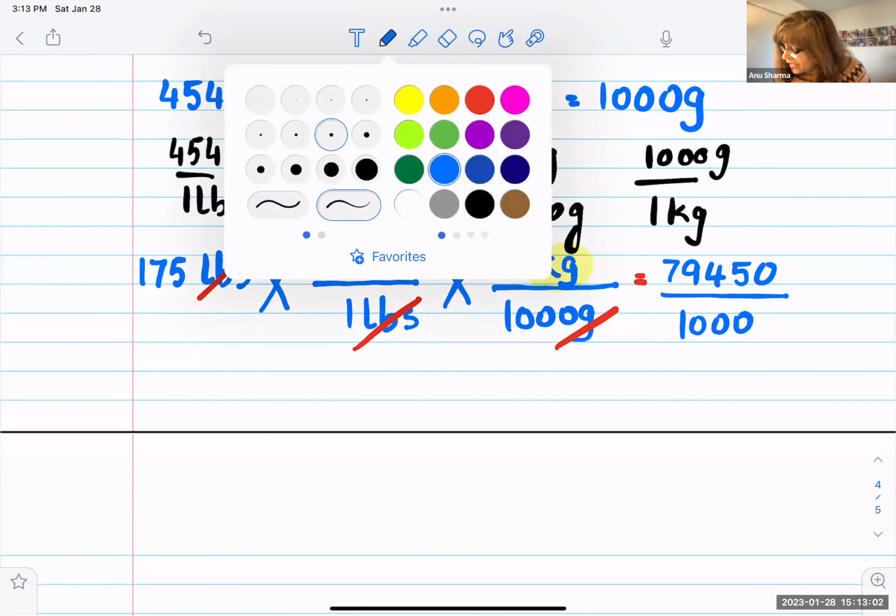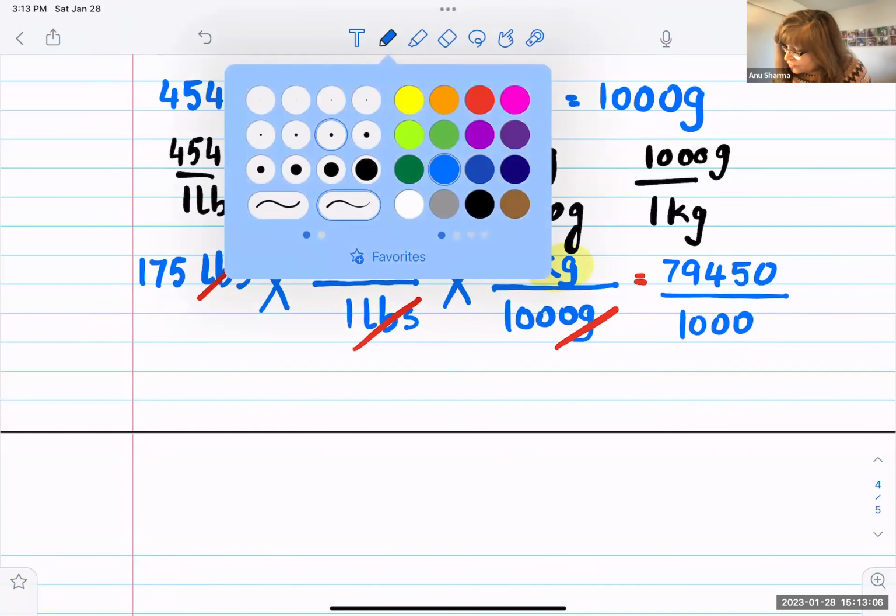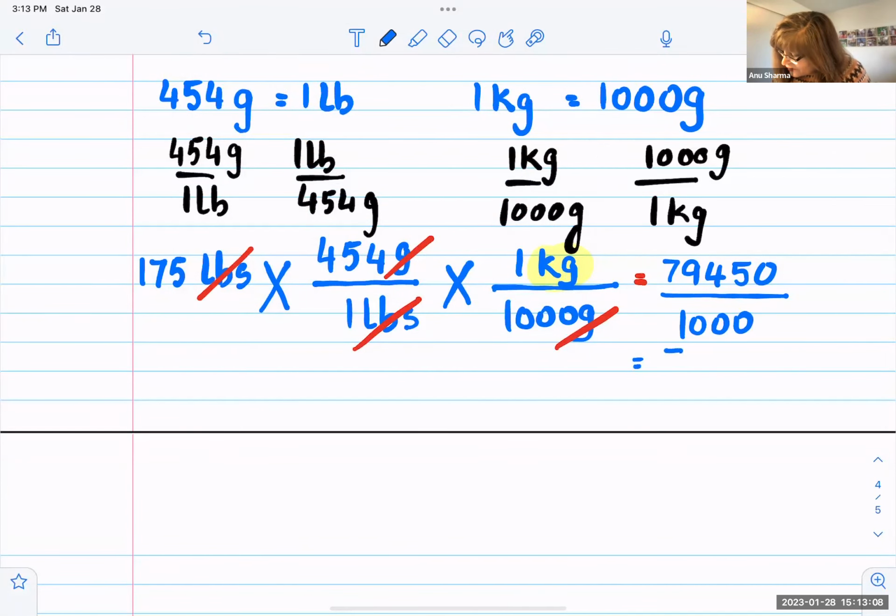When you divide and multiply and solve it, this becomes 7.94. Sorry, not 7.94. It's 79.45. Sorry, my mistake here, 79.45.